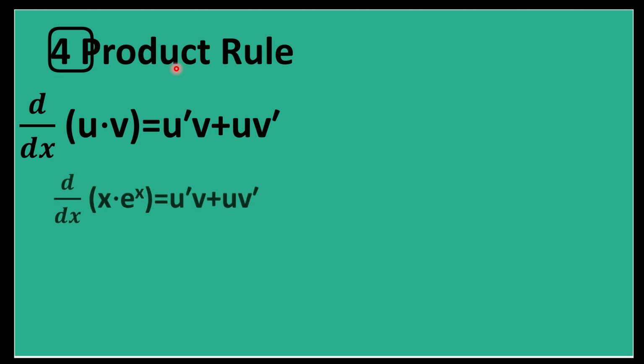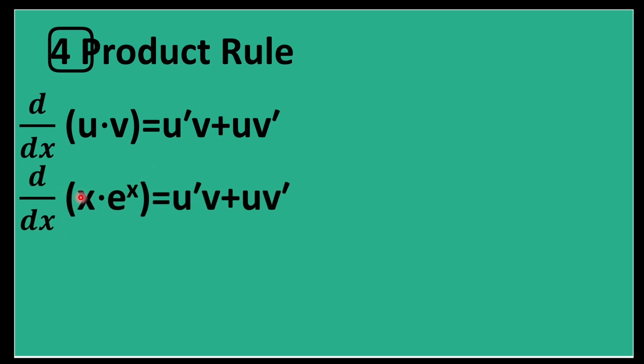For example, if we have the differentiation of x into e power x, we will differentiate according to this formula. Let's say this is our u, and this is our v. So let's say u equal to x and v equal to e power x.